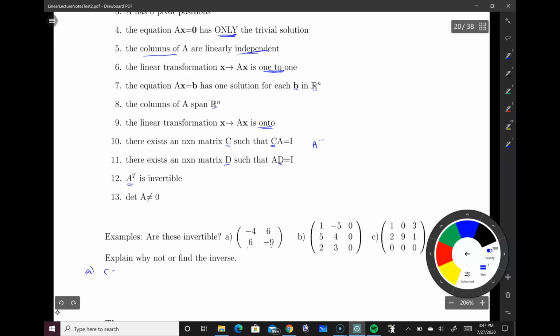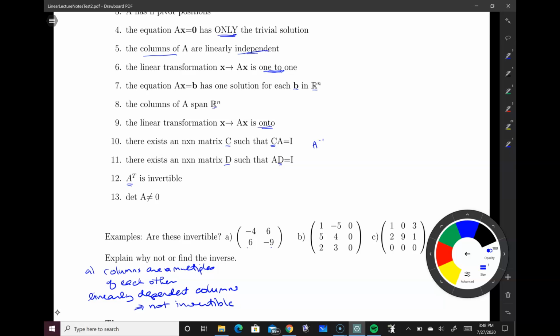So for part A, the columns are multiples of each other. So it means that they are linearly dependent columns. And if they're not linearly independent, that means it's not invertible.